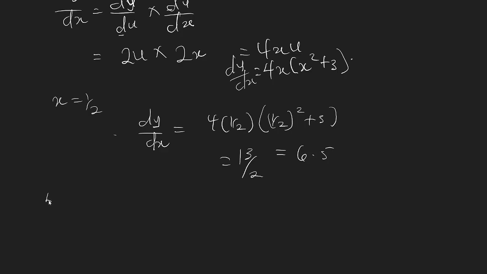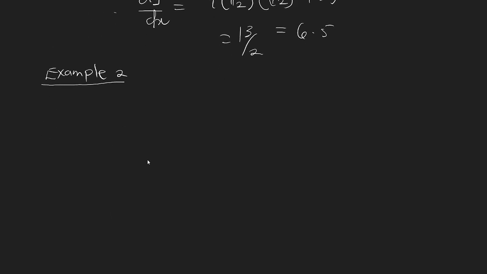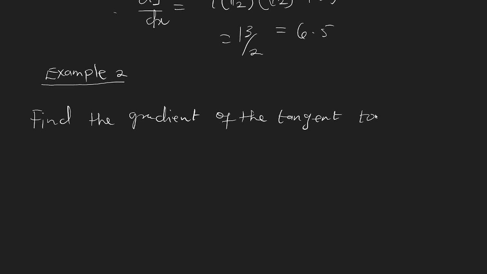Let's try another example. Example 2. Find the gradient of the tangent to the curve y equals x cubed minus 2x plus 1 at the point (-1, 2).